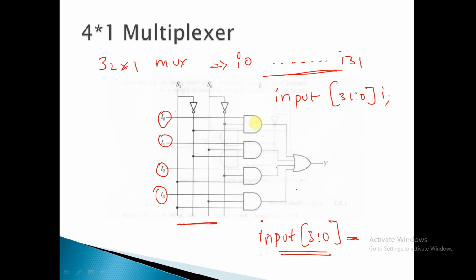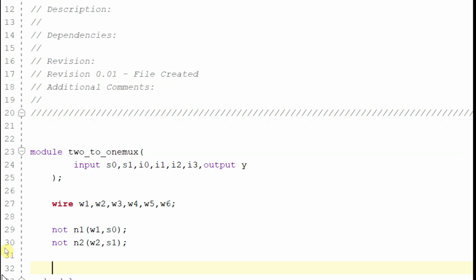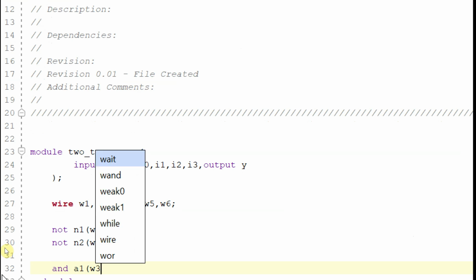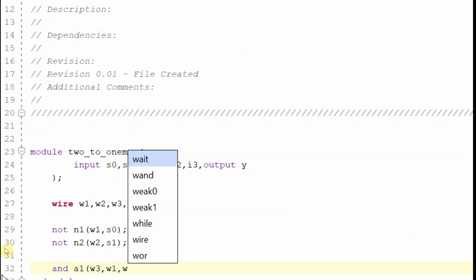Now the output of this first AND gate is I0 and S0 bar and S1 bar. Instead of S0 bar and S1 bar, I should use the wires. So how to use that? A1, and the output of the AND gate is also a wire: W3, comma, W1, comma, W2.